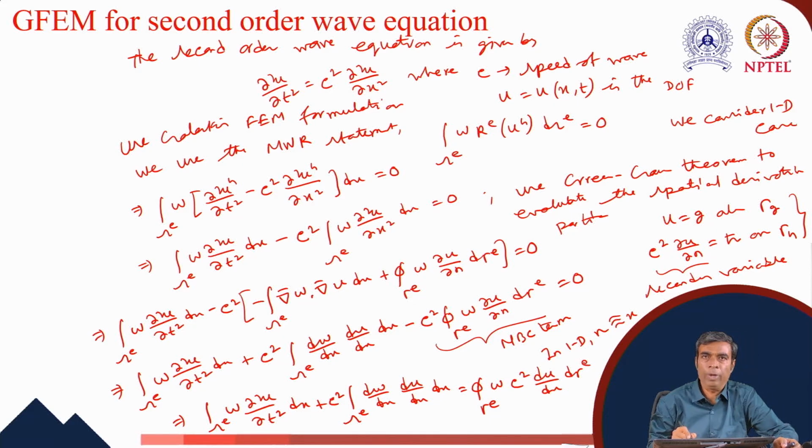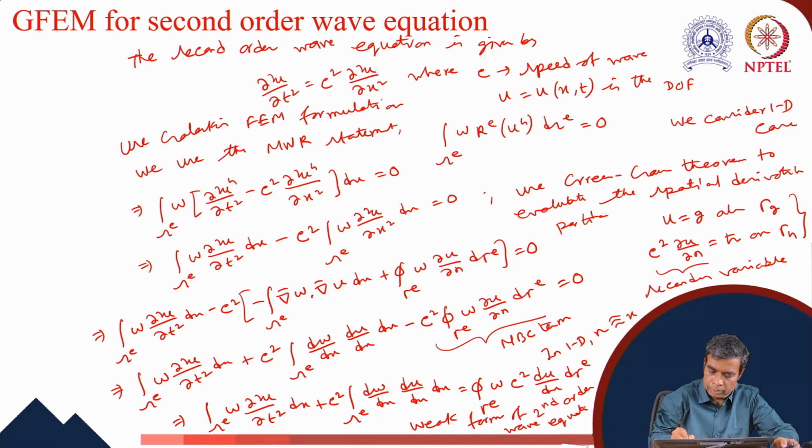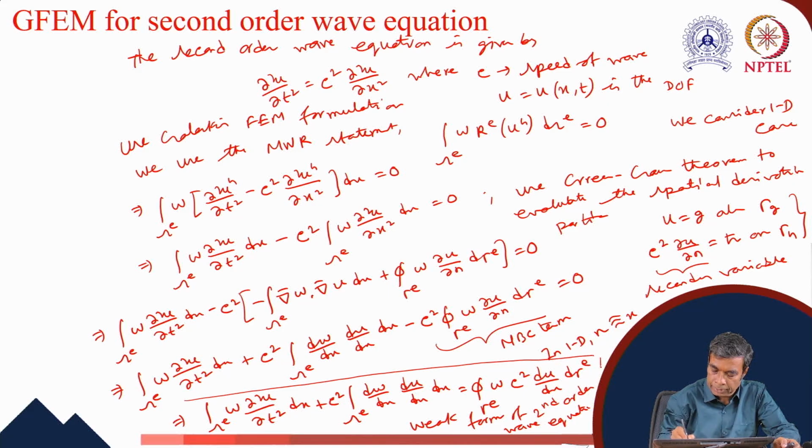So this is the weak form of the Galerkin type of the second order wave equation. We identify this weak form in a box.